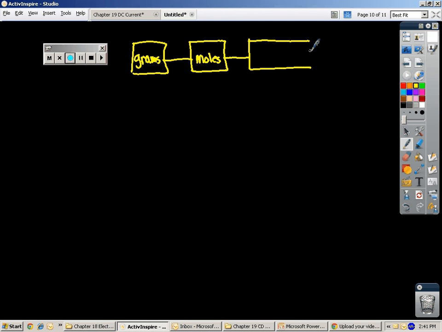In review, you guys have seen this table before. You guys have all seen this table before, right?